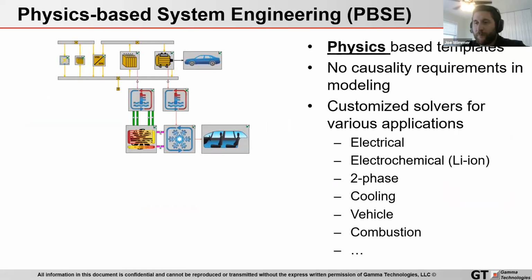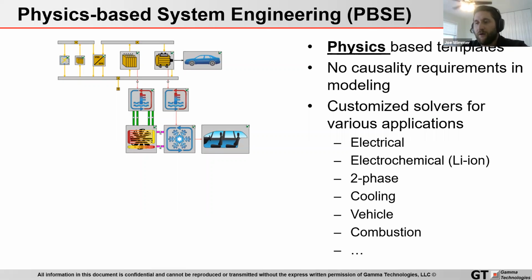So we often use the acronym PBSE. You can often hear MBSE, model-based systems engineering, but we usually like to talk about physics-based systems engineering. So all these templates are actually physics-based, and so there aren't any causality issues when modeling in GT.